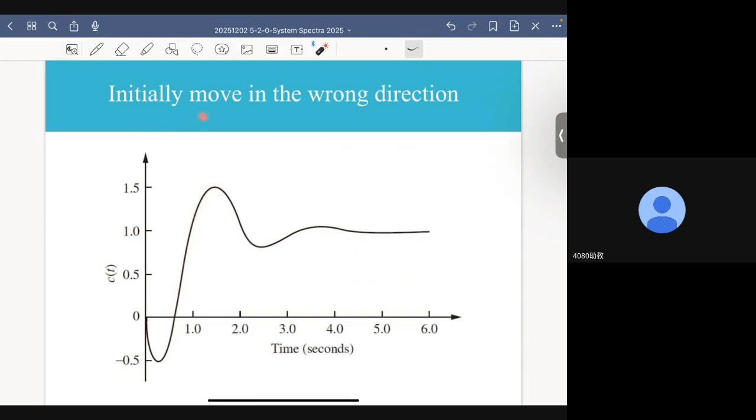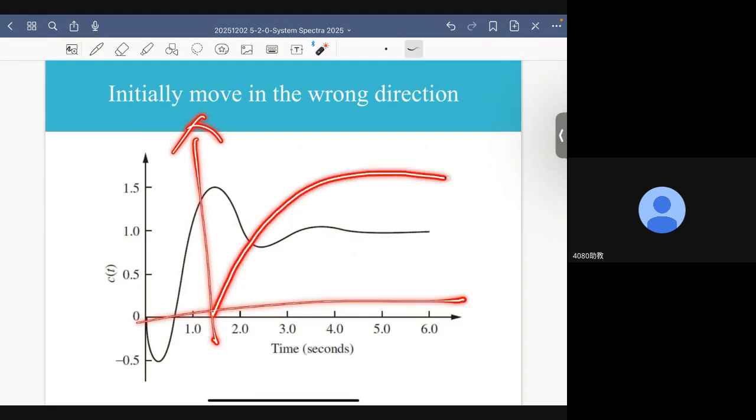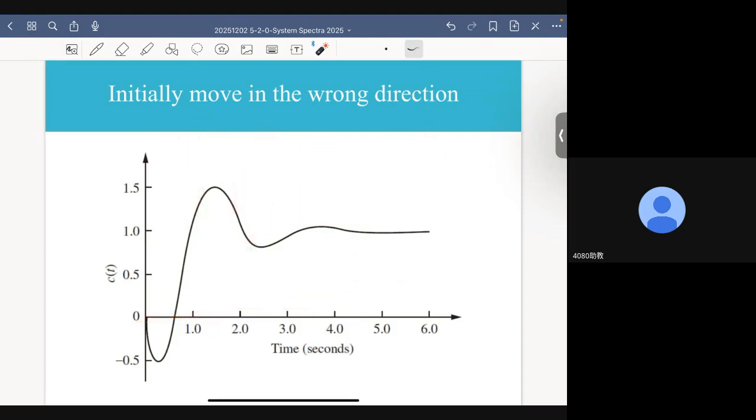For a second order system, it's a little bit more complex. If it is an overdamped system, it will look something like this. If it is an underdamped system, it will look something like this. All right? But for a non-minimum phase system, in the initial phase of the response, it will move in the opposite direction before it comes back to the right direction.